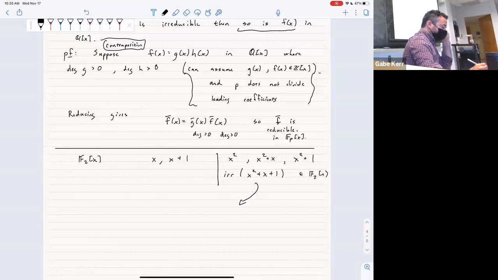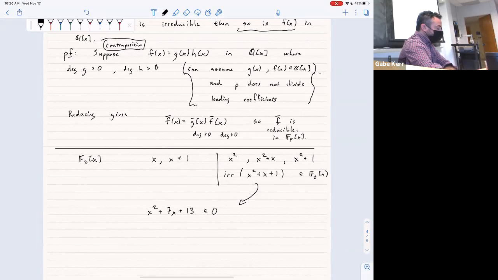That tells us, which you could do by simple methods, that x squared plus 7x plus 13 is irreducible in Q[x], because if I reduce mod 2, I get this.